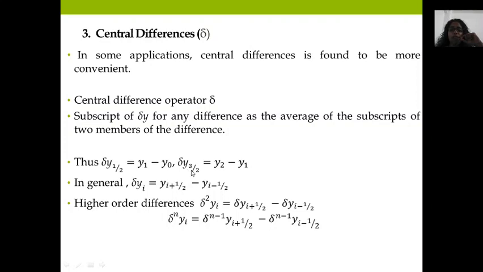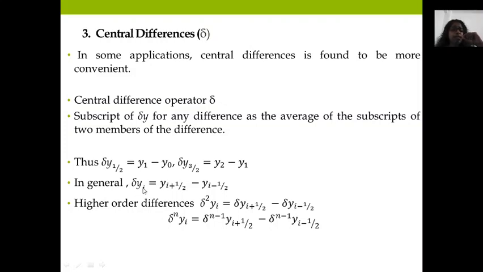So that's why the subscript of the central difference operator for any difference is the average of the subscripts of the two members. Therefore δy half is equal to y1 minus y0, δy 3 by 2 equals y2 minus y1. Generally, δyi equals yi plus half minus yi minus half, because i plus half plus i minus half is 2i, divided by 2, becoming i.